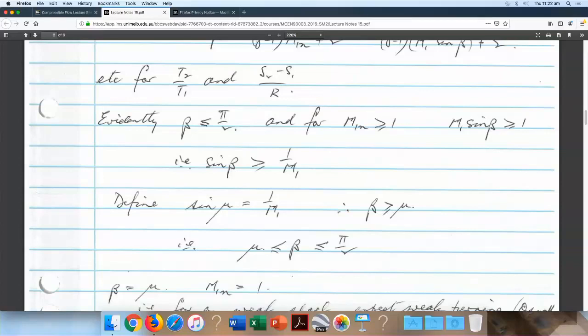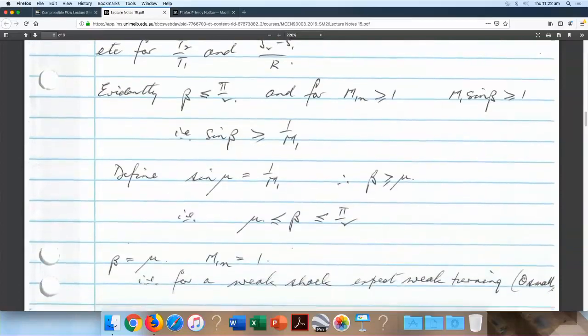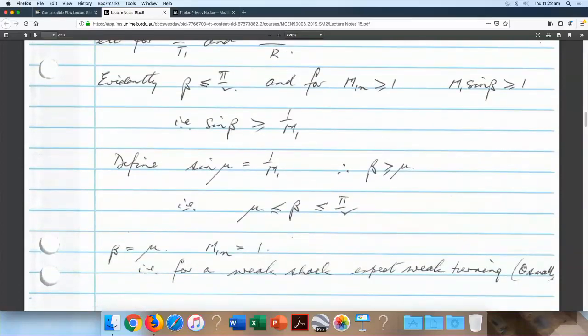And when beta is equal to mu, then obviously M1n, which is M1 sine beta, is equal to 1. So when beta is equal to mu, M1n is equal to 1.